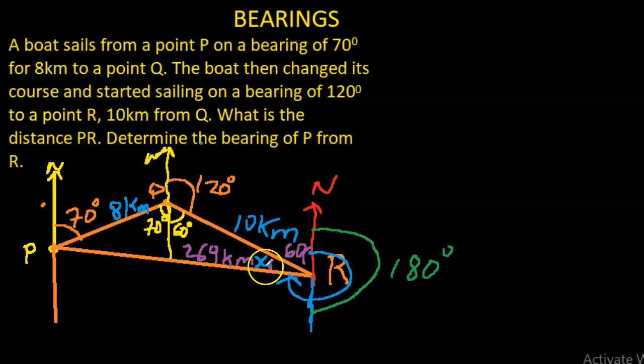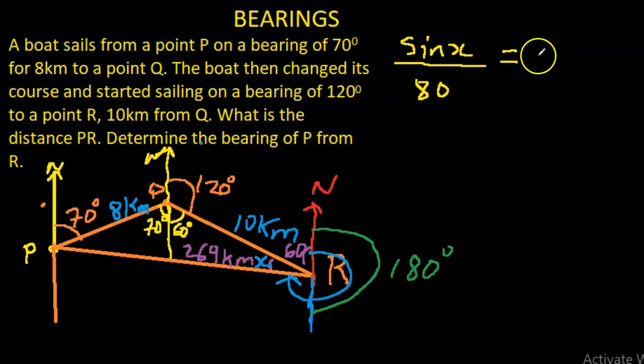The sine rule says the sine of any angle, so sine x over the side opposite to it, which is 80, is equal to the sine of any other angle. Let me use this angle here, 130, so sine 130 over the side opposite to it, which is 269.